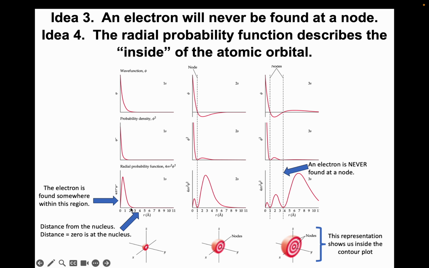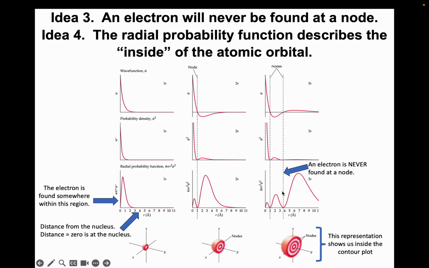Sure looks like it's quite often found about 1 angstrom away. This next picture here, the depiction for the 2s, where might be the most probable position for finding the electron? It looks like maybe now at 3 angstroms, 4 angstroms, 2.5. Or it could be found in this region closer to the nucleus.